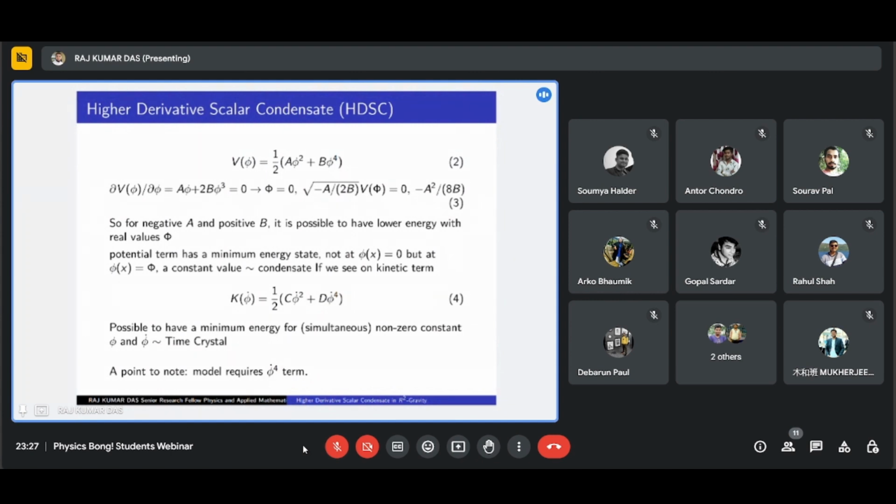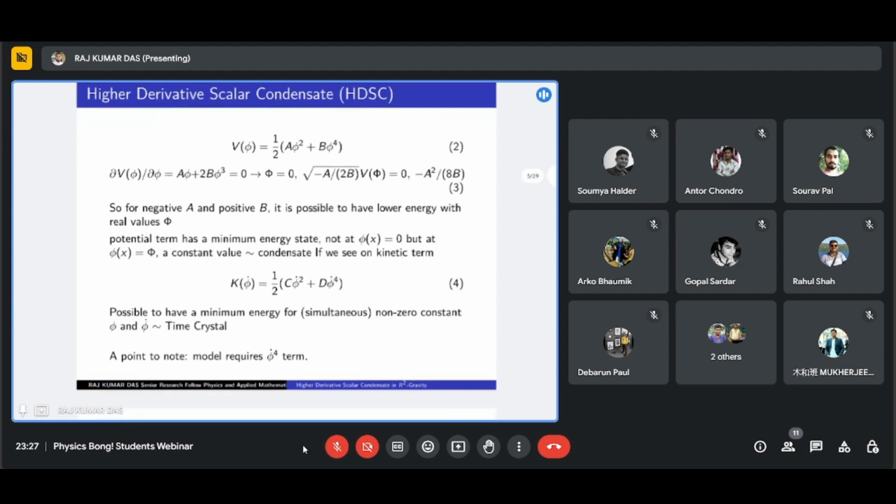So if you add a higher order or higher derivative term in your Lagrangian, it makes your minimization condition not a constant, but a time dependent part. And this time dependent part, in many cases, turns into a periodic function. So it is ordered as a crystalline nature, and this fancy name is called time crystals.